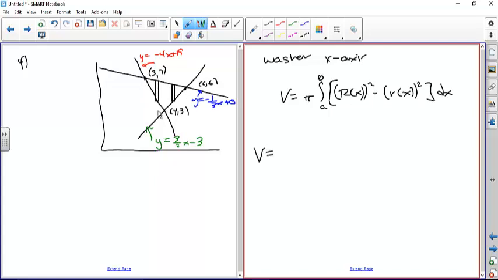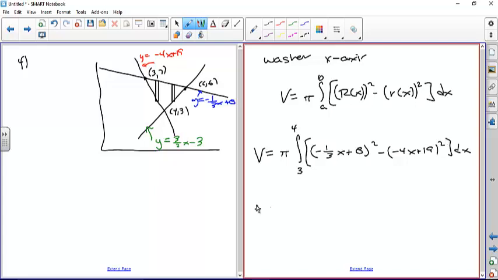So our first one, from 3 to 4, and the upper curve is the blue curve, so it's negative 1/3 x plus 8 quantity squared, and then I subtract the bottom curve, which is going to be the red curve, which is negative 4x plus 19 squared, whole thing times dx.